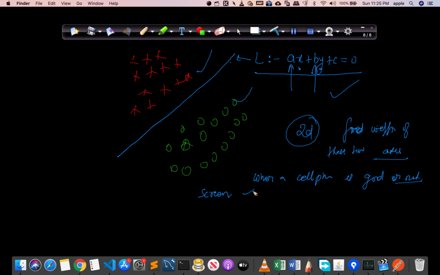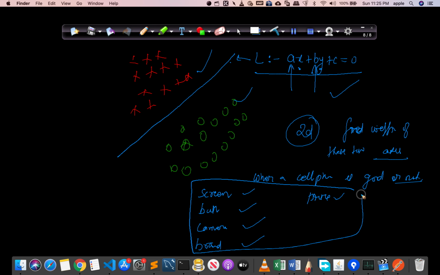The screen is big or not, the battery is good or not, the camera is good or not, what is the brand of the cell phone, and what is the price of the cell phone. These are the things that we typically see while purchasing a phone.